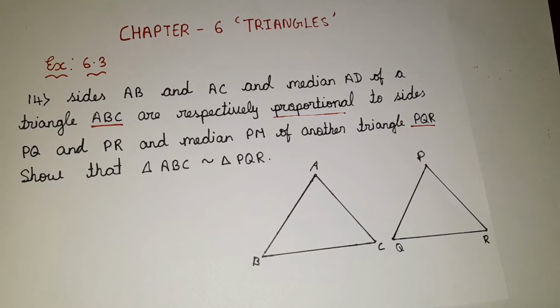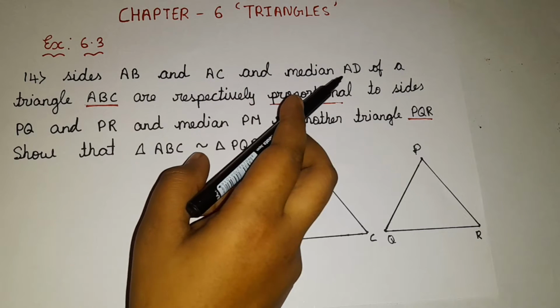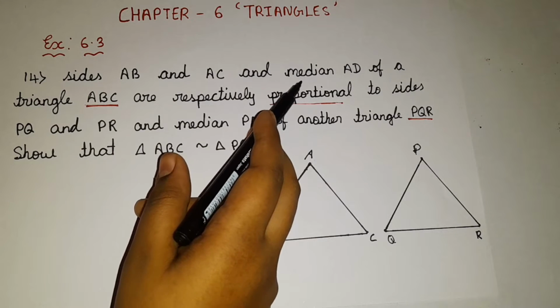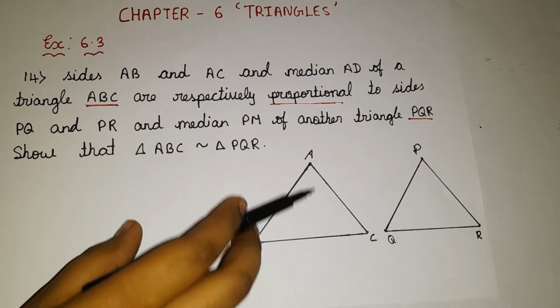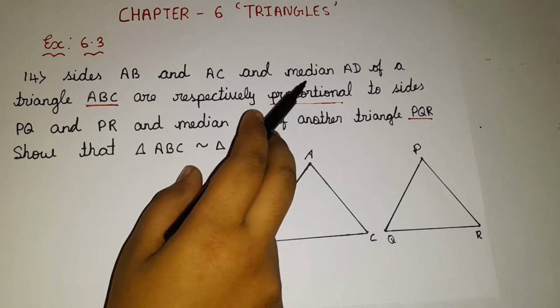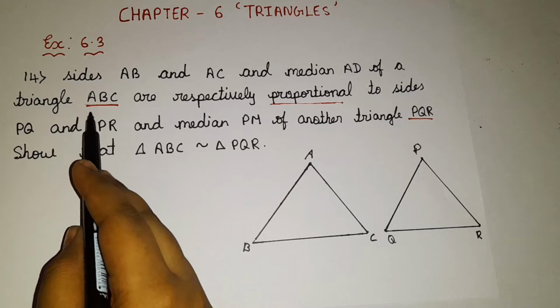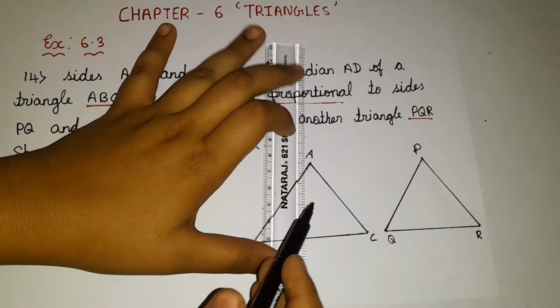Now in these two triangles, sides AB and AC and median AD of triangle ABC. So here they mention median, right? Median means a line which is passing inside the triangle. So we are supposed to draw median AD in the triangle ABC.